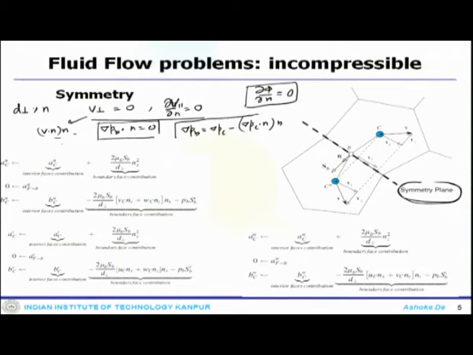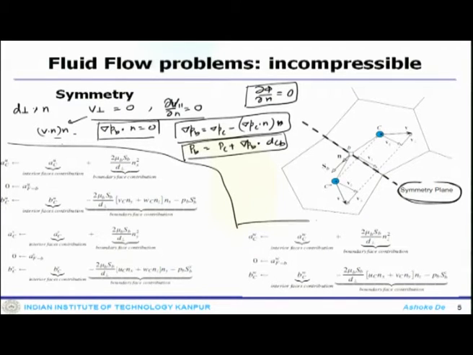So, like this you can extrapolate the pressure at the symmetry boundary. Then the pressure could be obtained as Pb equals Pc plus delta Pb dot dCb, which we have done earlier in the previous case. So, once you get all this information, you get pressure, velocity and everything.